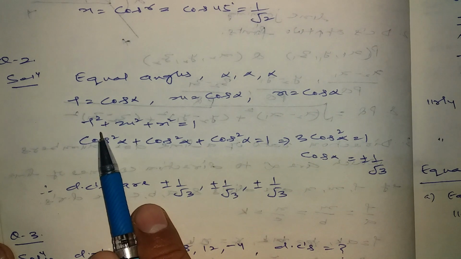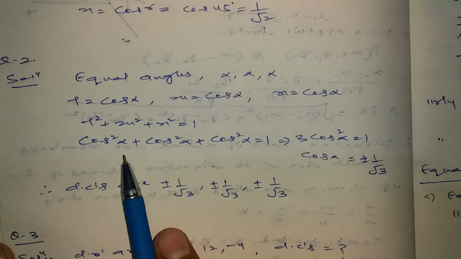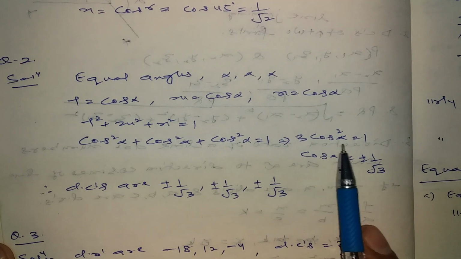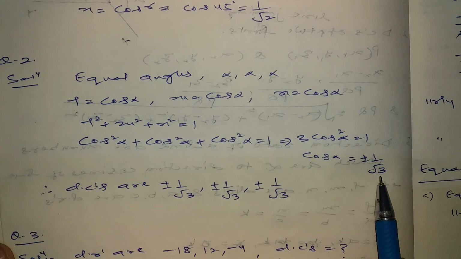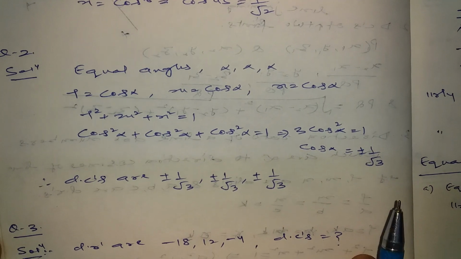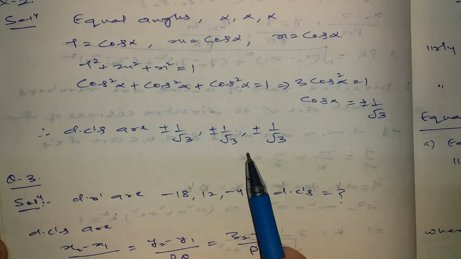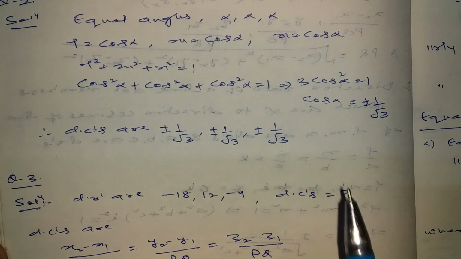Using the formula l square plus m square plus n square is 1, cos square alpha plus cos square alpha plus cos square alpha is 1, so 3 cos square alpha is 1. So cos alpha is 1 upon root 3 with plus minus sign. So the direction cosines are plus minus 1 upon root 3, plus minus 1 upon root 3, plus minus 1 upon root 3.